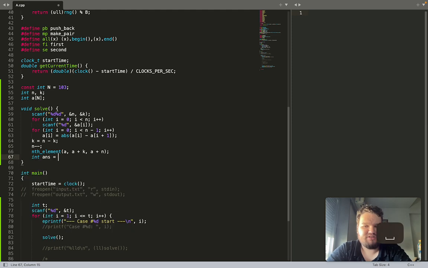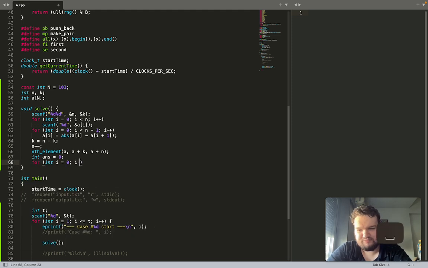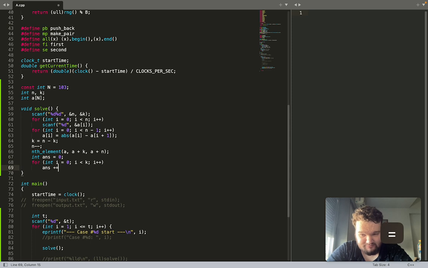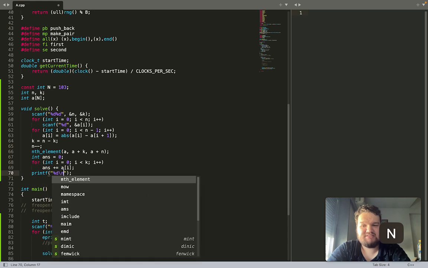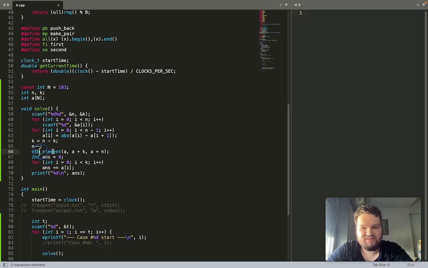After that we can just calculate the sum. The benefit is that the nth_element function works in linear time, as opposed to sorting that works in n log n time.